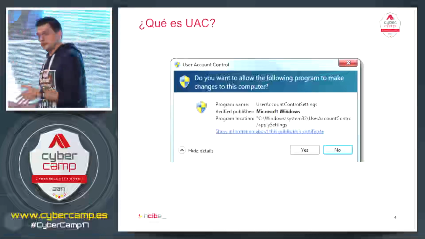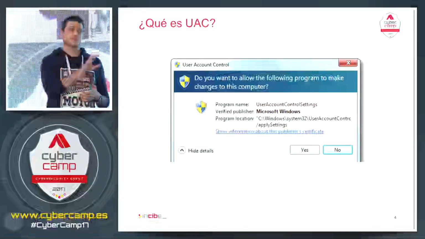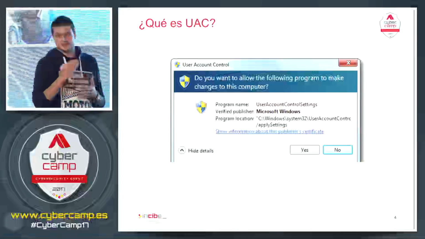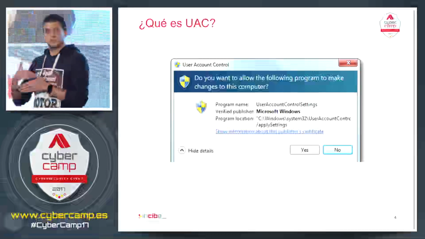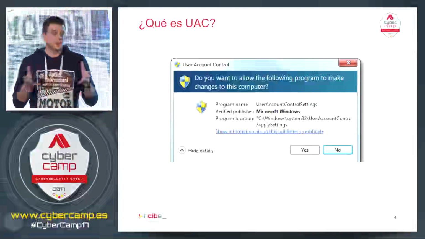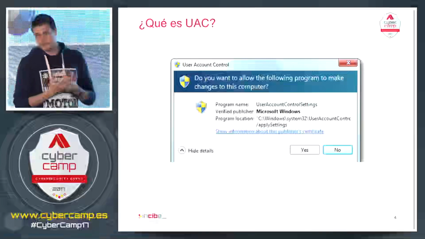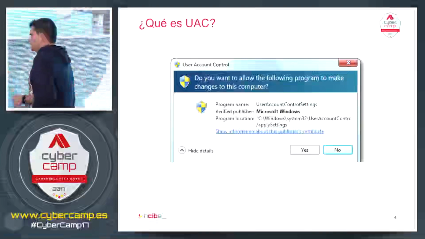Whenever a privilege elevation is requested, if you authorize it, the process will be run under that context, with the maximum amount of rights in the system. Anything can be done.